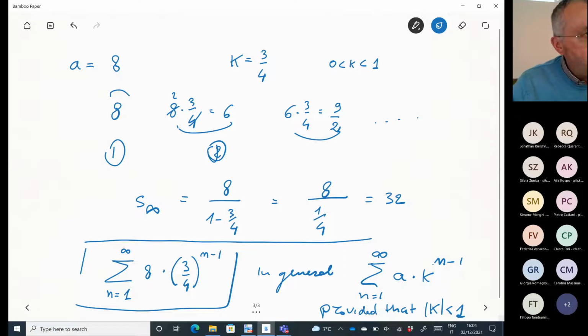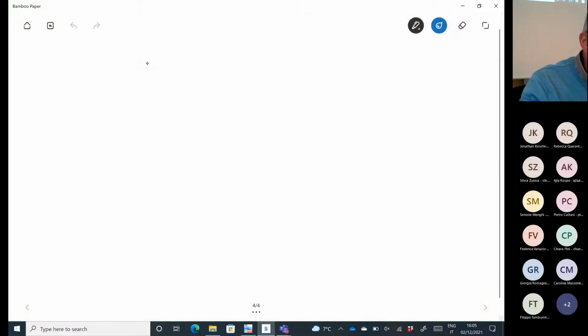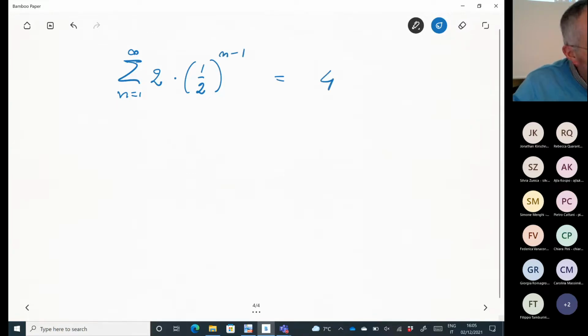Okay, I want to point out another thing before showing the difference equations themselves. We know that the sum as n ranges between 1 and infinity of, this is the first example, first term was 2 times 1/2 to the power of n minus 1 was equal to 4, okay?